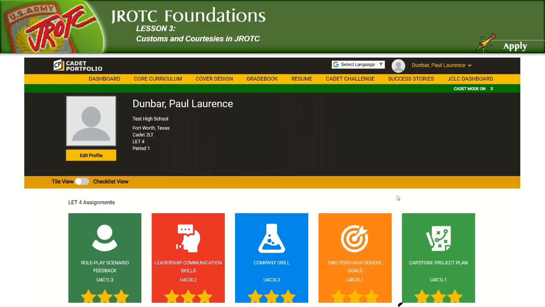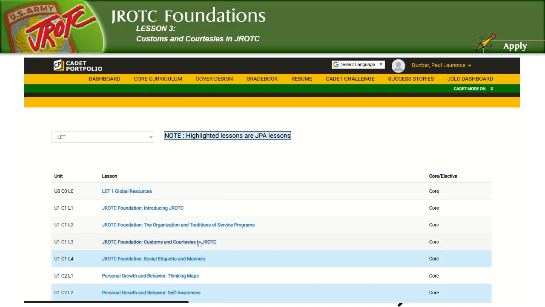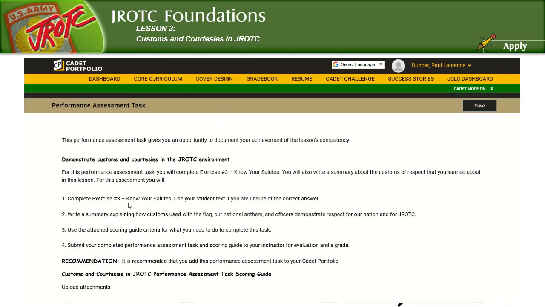And to complete the performance assessment task from the dashboard, again, we're going to select Core Curriculum, JROTC Foundation, Customs and Courtesies in JROTC, and we'll scroll down to the performance assessment task. Okay, for the performance assessment task, we will complete exercise 3, Know Your Salutes, which we just did.